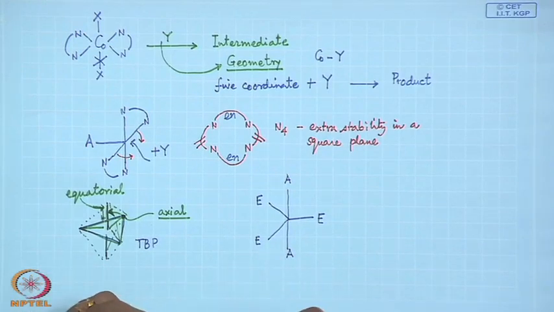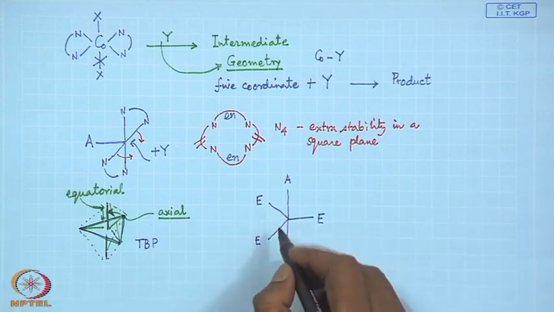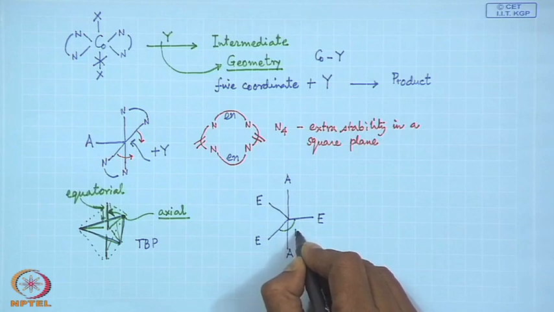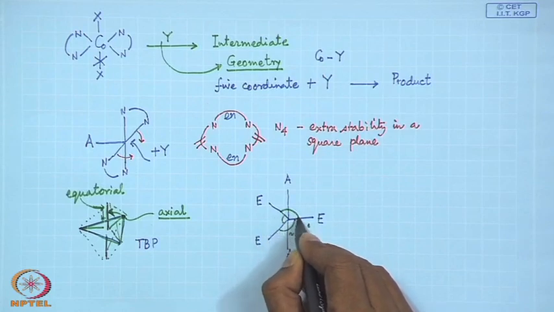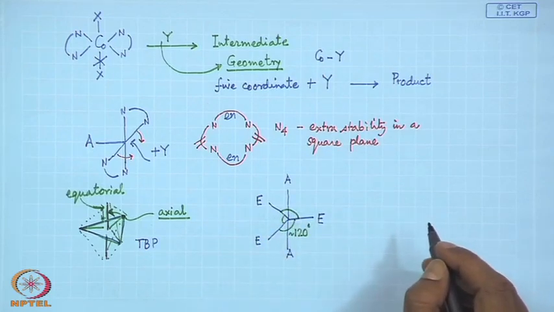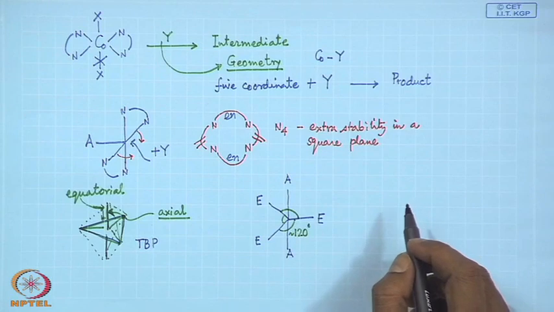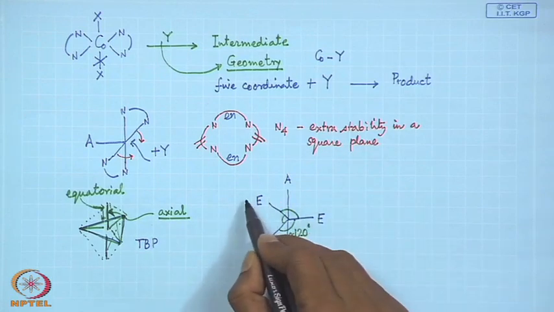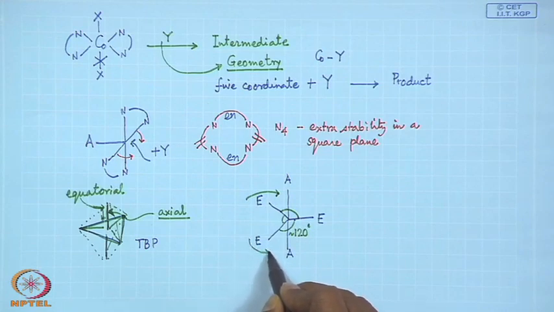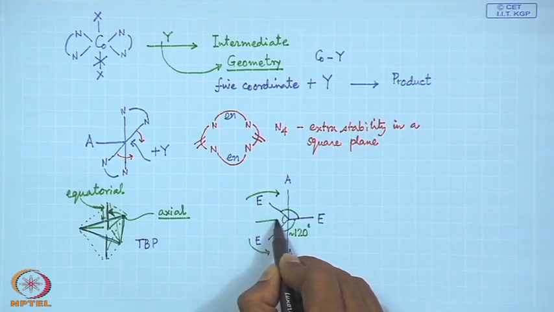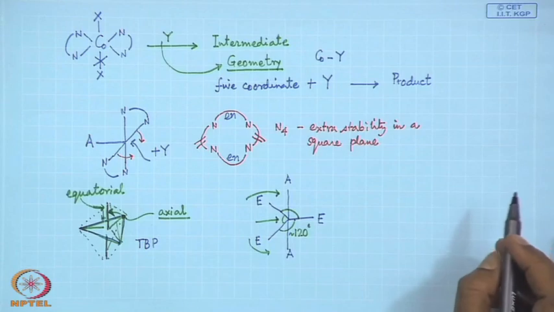Now, what is happening due to this pseudo rotation? Originally, these three angles are close to 120 degrees because we have a triangle, and if this E is moving from this side and this E is moving, that means we try to increase this particular angle.